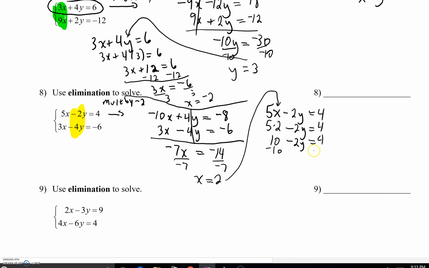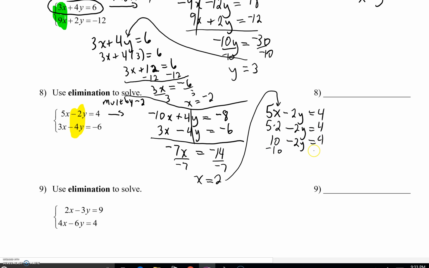Finally, if you look at number 10 on this page, you have an x and an x. They both have 1's in front of them. It's just that a 1x and a 1x won't cancel. Instead, you can multiply the top or the bottom by a negative. I could multiply the top.